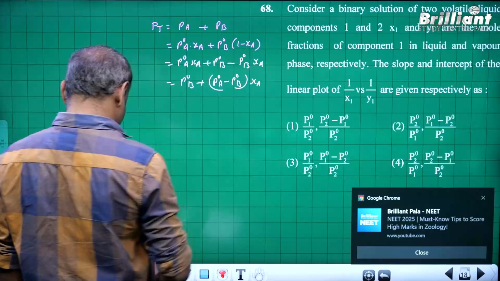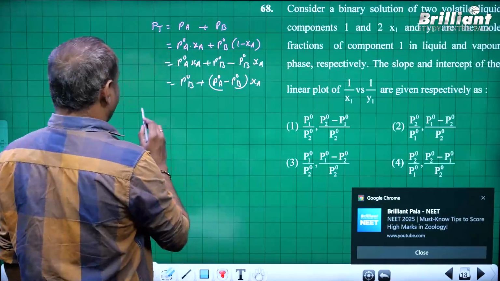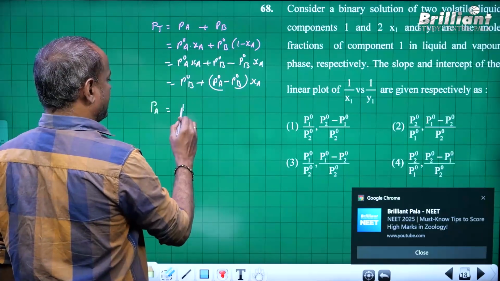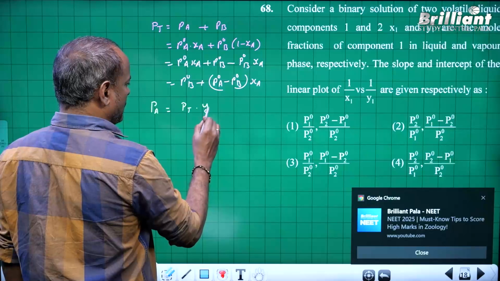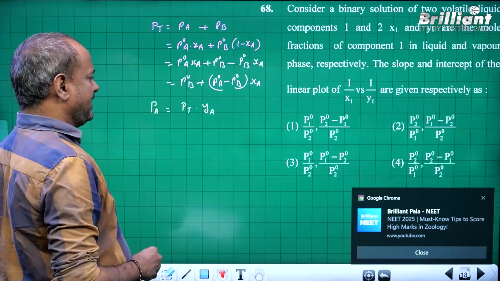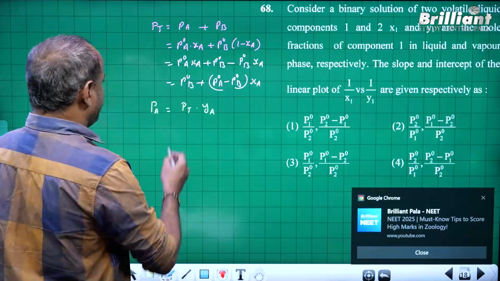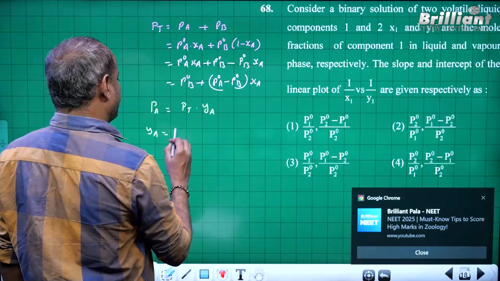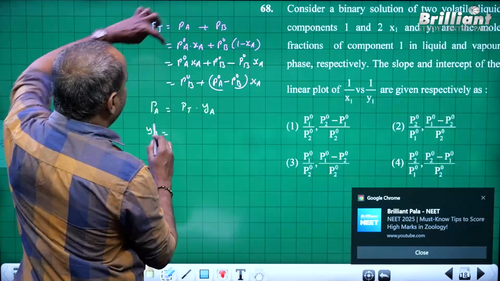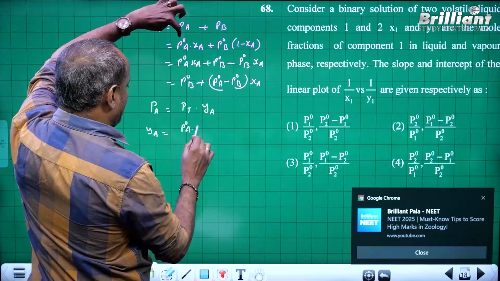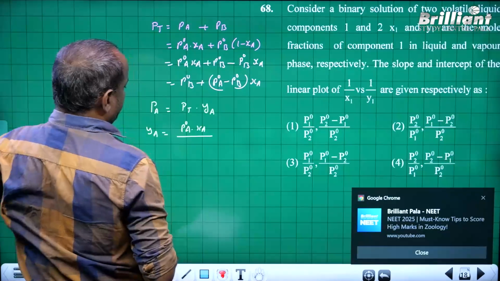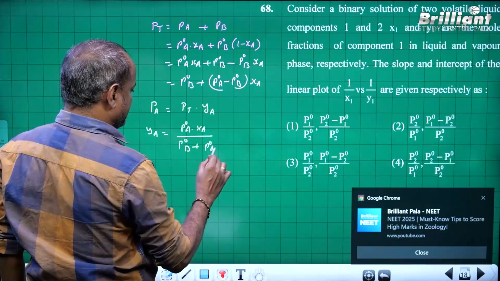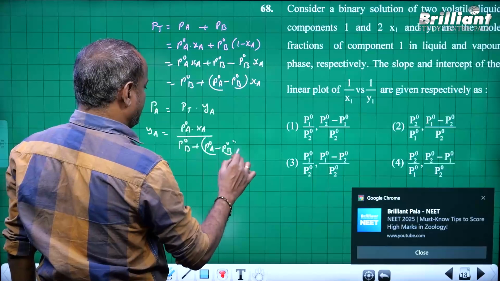Now, Dalton's law: PA is equal to Pt into the mole fraction of A, that is called Ya. Therefore Ya is equal to Pa by Pt. The value of Pa is P naught A XA, and Pt is P naught B plus P naught A minus P naught B into XA.